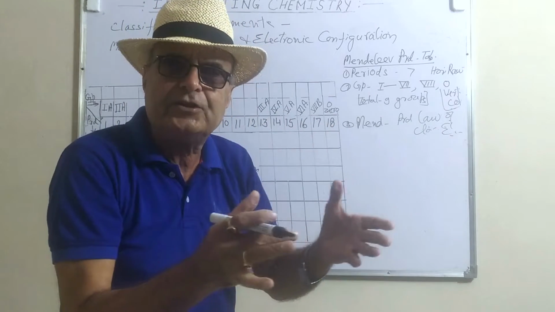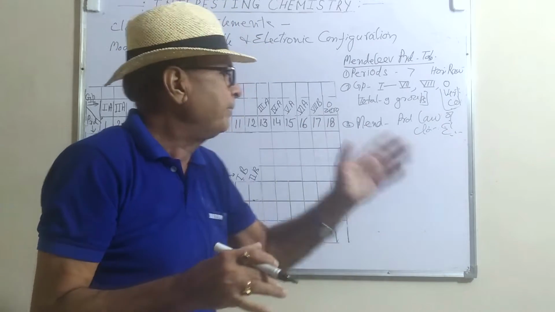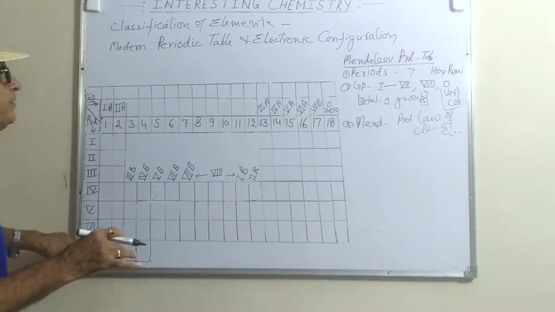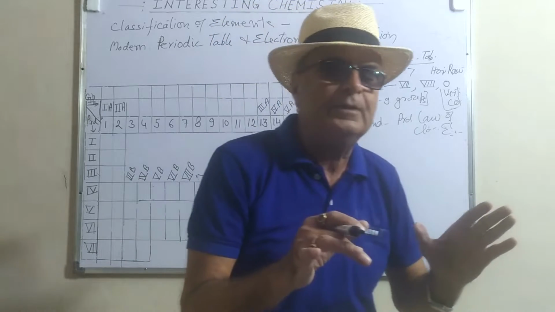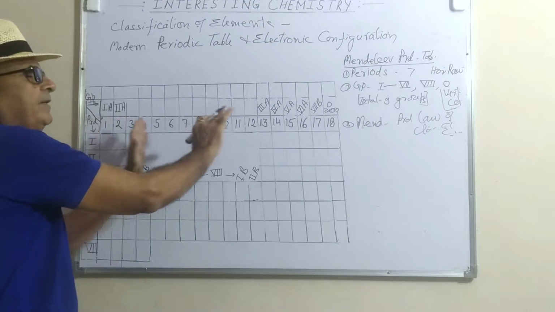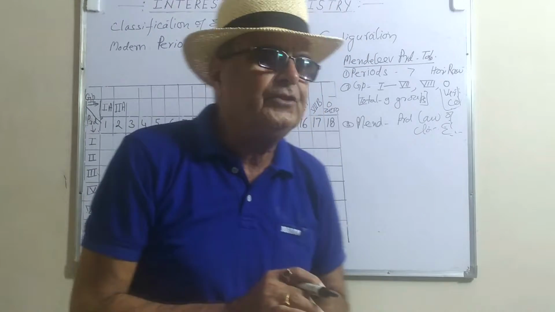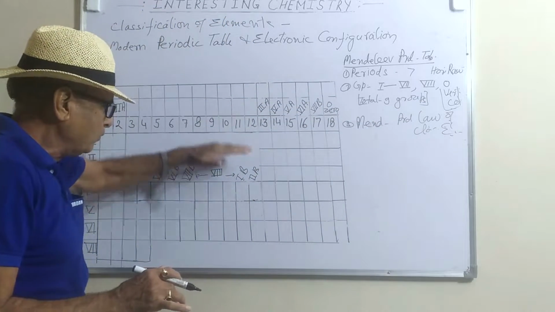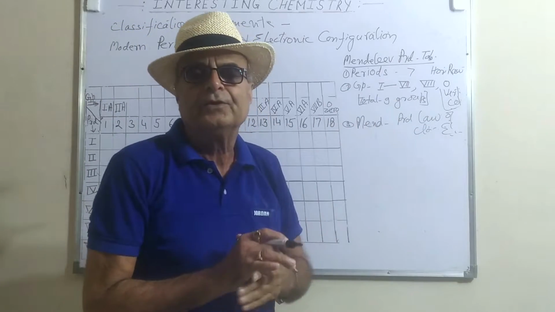I will relate the modern periodic table with the Mendeleev periodic table, but these are the 1 to 7 periods. The horizontal rows in the table, which go from left to right, are called the periods, and the vertical columns, which go upward to downward, are called the groups.